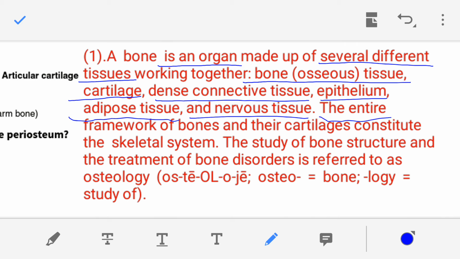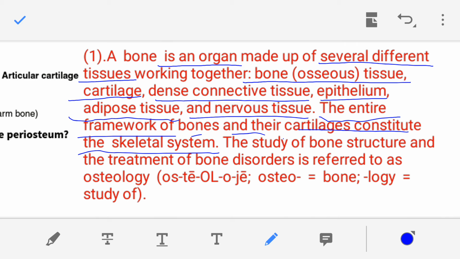Now, the entire framework of bones and their cartilage constitute the skeletal system. So, all the bones of our body plus the cartilages make the skeletal system of our body.